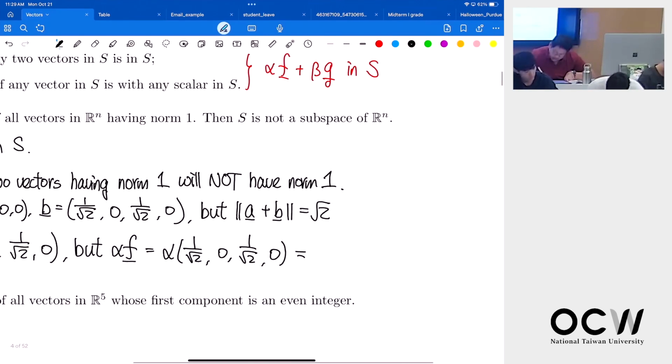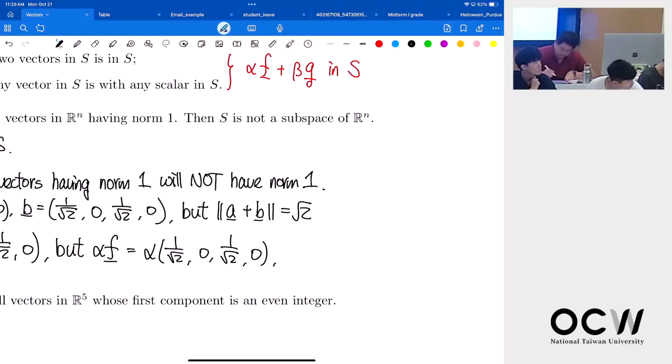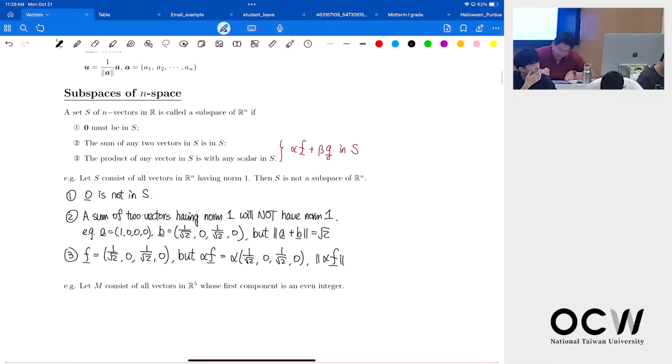Then this norm should be 1, right? Because we said that in this question, I should have S with norm 1.